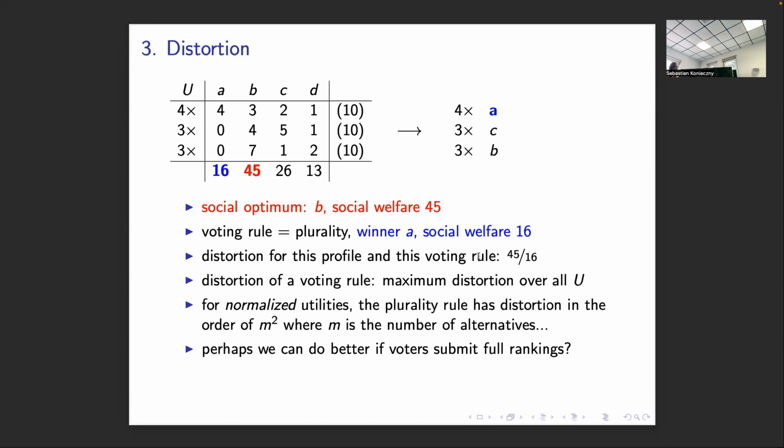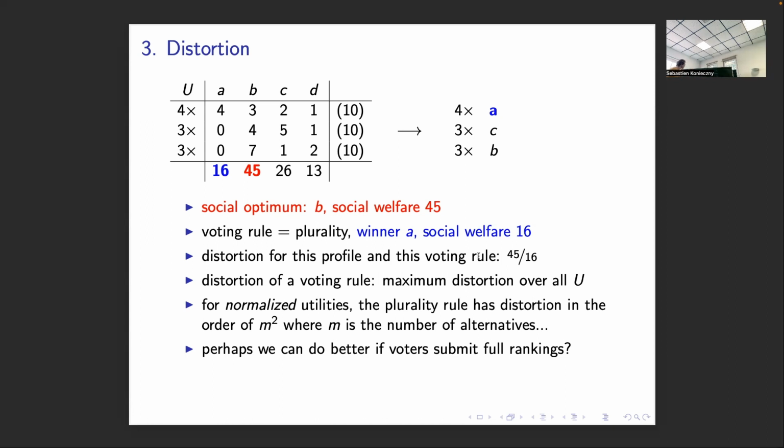Or you can also assume that there are many voters, and there are slightly more who vote for x1, like 20% plus epsilon. Okay, so it means that without loss of generality, the winner will be x1. And what is the total score of x1, the total social welfare of x1? It's 1/5.